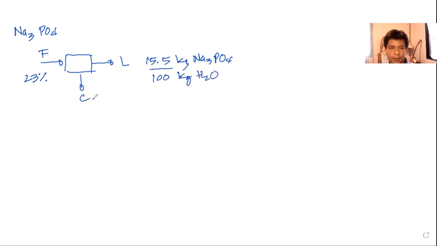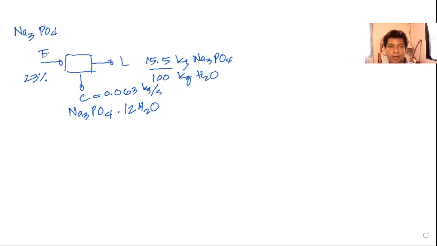Tapos ang ating crystal ay dodecahydrate, sodium phosphate 12H2O. Okay, tapos may given tayong C. C is equals to 0.063 kilogram per second. Okay, so as you can see, dalawa yung unknown natin, F at saka L.